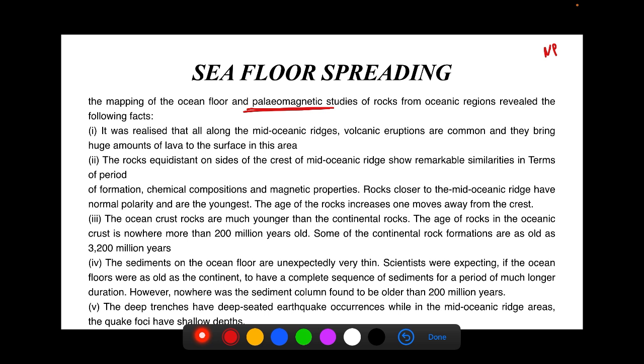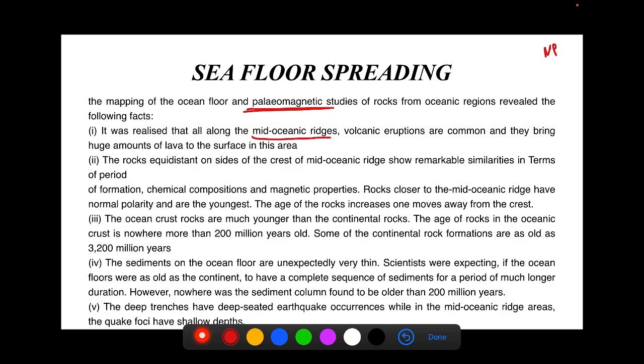Various findings are present. Now we will study first these findings and then we will study the proposed theory by Harry Hess. The first point that is observed is that all along the mid-oceanic ridge, we have seen, what are ridges? These are basically mountains that are present below the ocean water. Volcanic eruptions are common and they bring a huge amount of lava to the surface in this area, right?